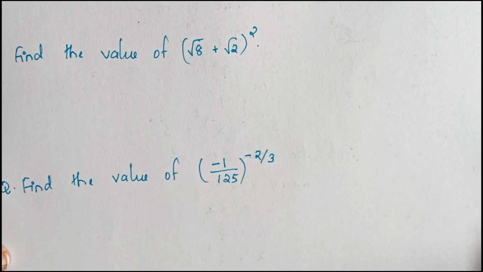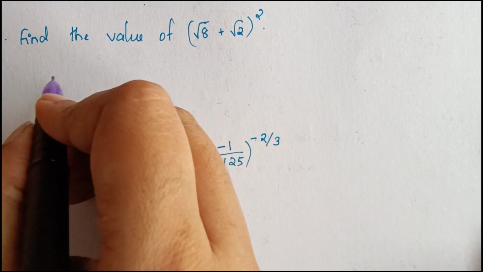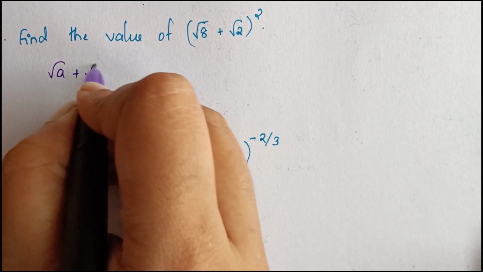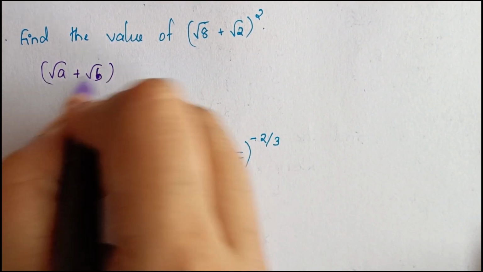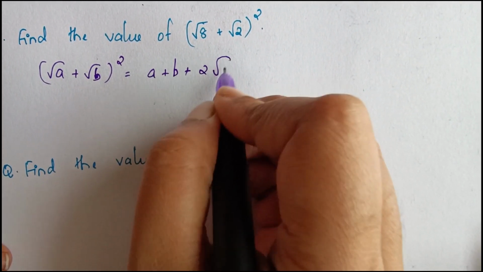Next question, find the value of root 8 plus root 2 the whole square. So this is of the form root a plus root b the whole square, which is equal to a plus b plus 2 root ab.